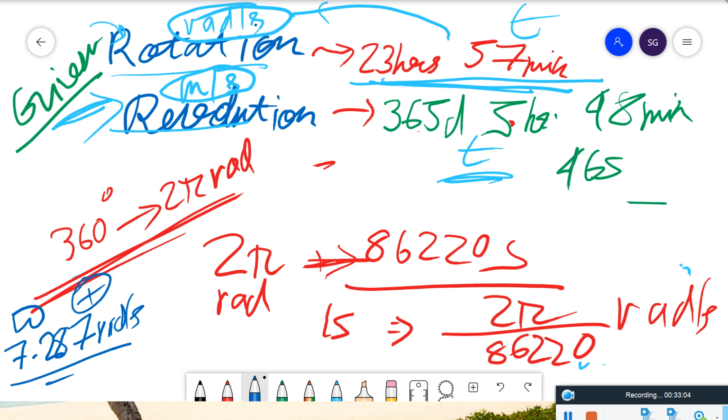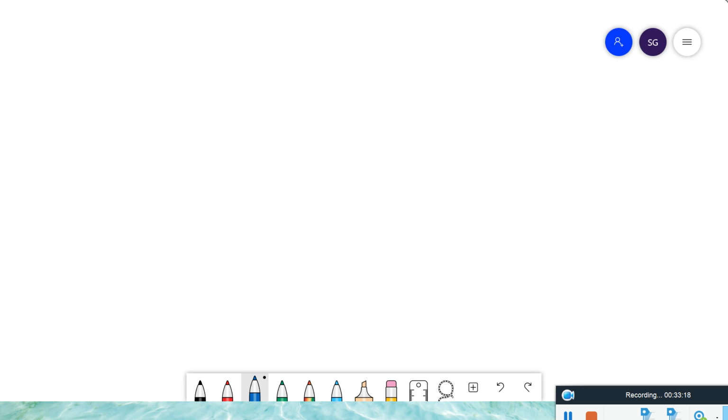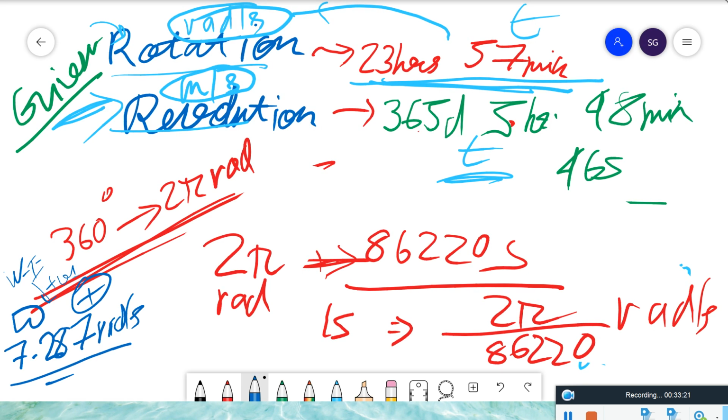And in astronomical terms, the Earth rotates west to east, so this is taken as positive. Many people might be confused that west to east, how it is taken as positive, why it is not negative.